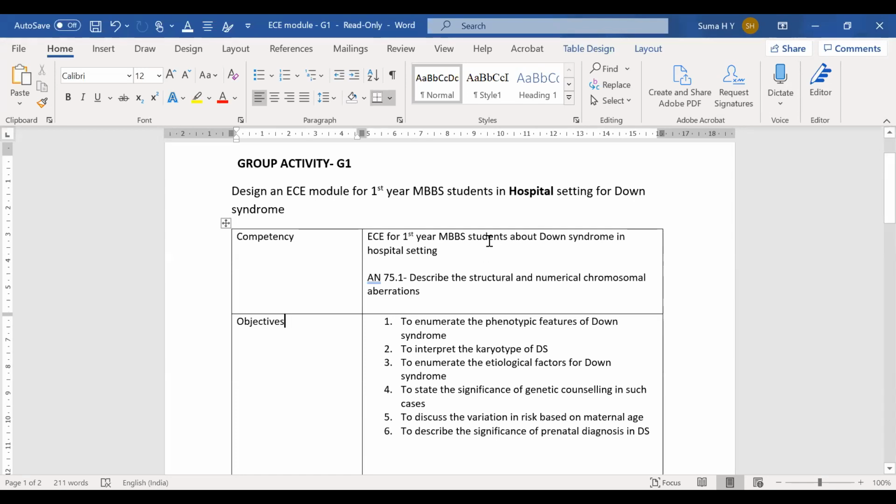This has been mentioned in the MCI document under competency number 75.1: describe the structural and numerical chromosomal aberrations.